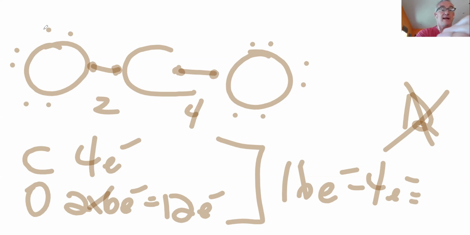Now the point you were making, which is a good point, is that the charges are messed up too. So let's look at the formal charges on the atoms. So how many valence electrons is oxygen supposed to have? Well, it wants its shell to be filled, so 8. Right, it wants to get 8, but oxygen as an atom by itself, how many valence electrons does it have? 6. It's 6, right.